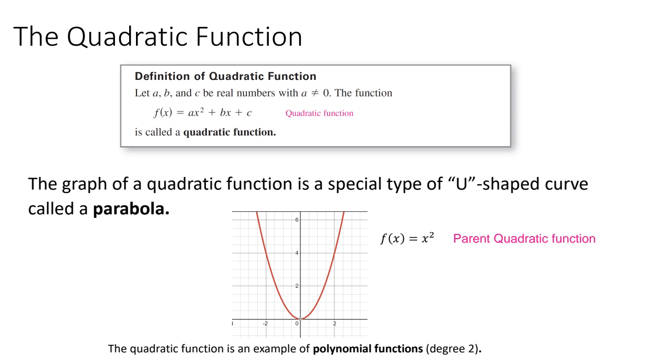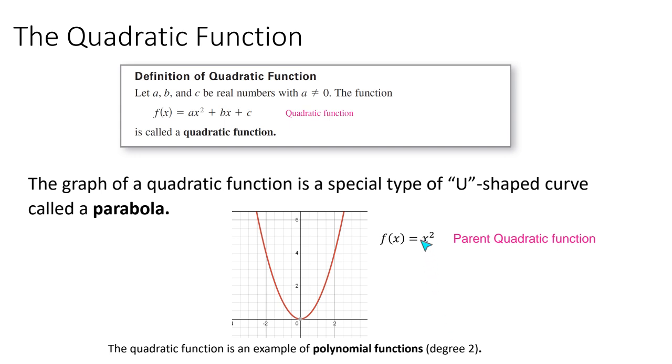For the quadratic equations, we know that it's quadratic if the highest power of x is a 2. If you notice here, we have ax squared plus bx plus c. The highest exponent is a 2. So automatically, that's going to tell us that the graph is quadratic. And more importantly, if you were to graph it, the shape of the graph is a parabola. So it looks like a U shape.